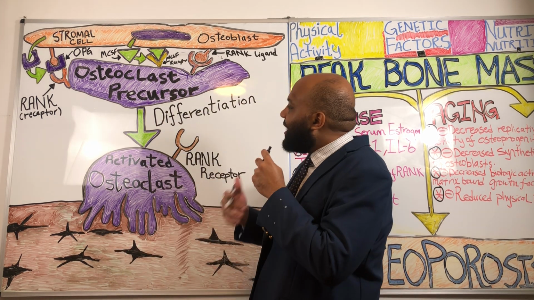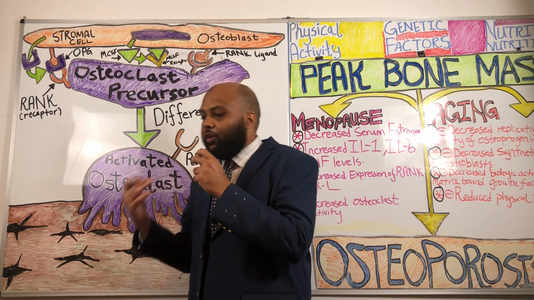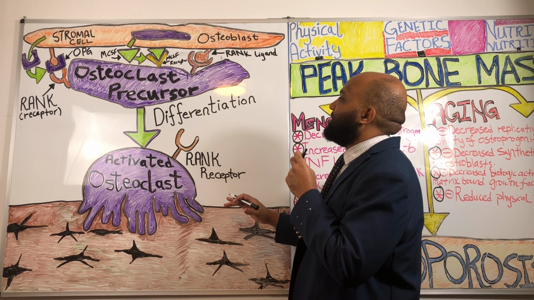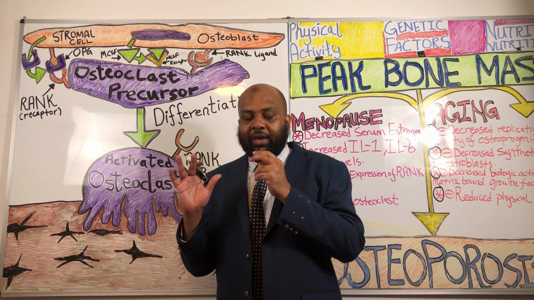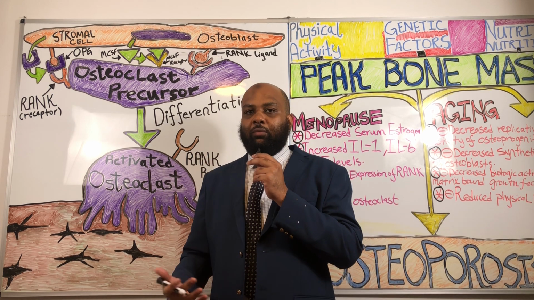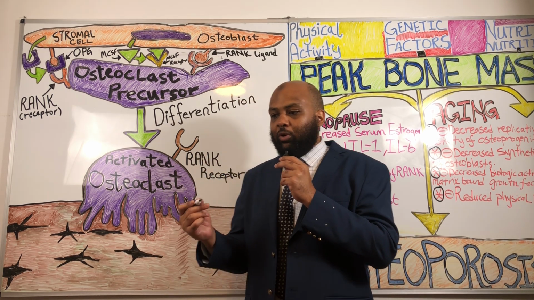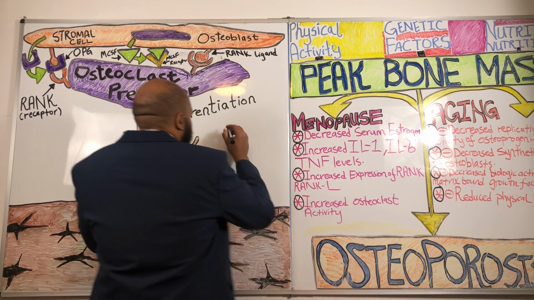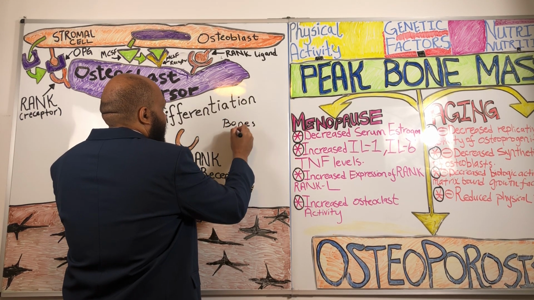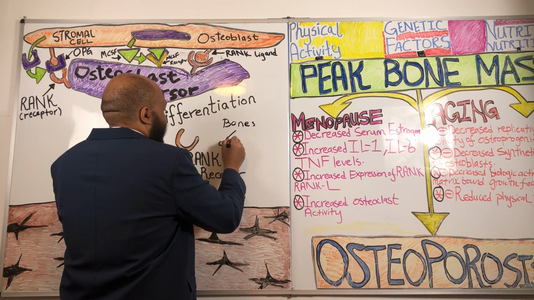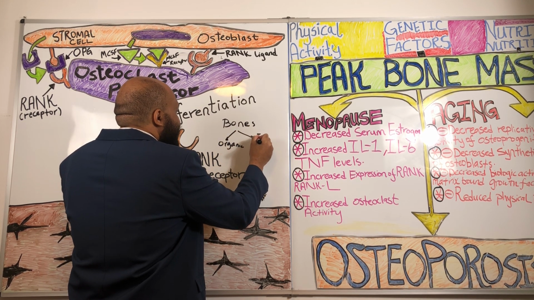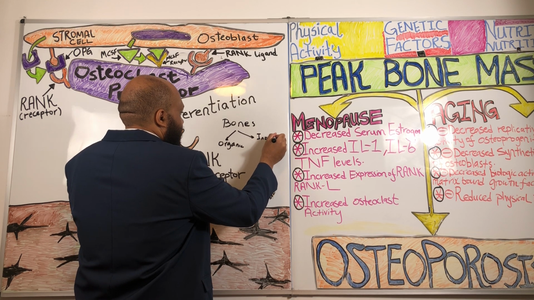So let's now talk about the very important concept of osteoclast and osteoblast. Whenever we are describing bone tissue, we said that the bones are made up of organic material and inorganic material.